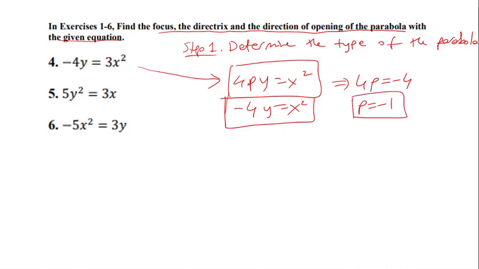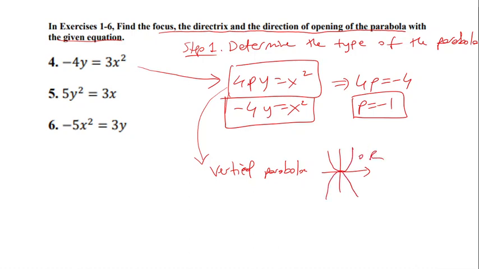And after finding p, the important thing here is which type this one is. This is a vertical parabola. So we have x squared. If there's an x squared, it means that we have this type or this type of figure here. So we will have this one or this one.